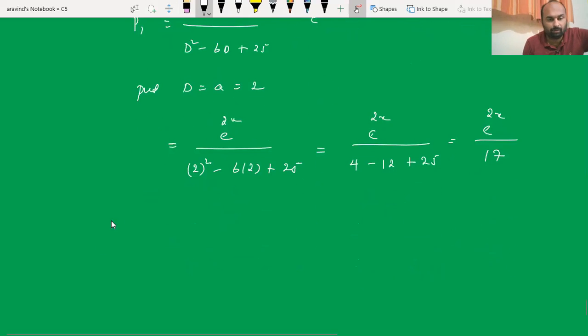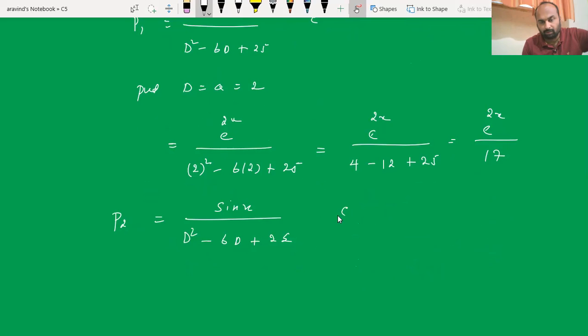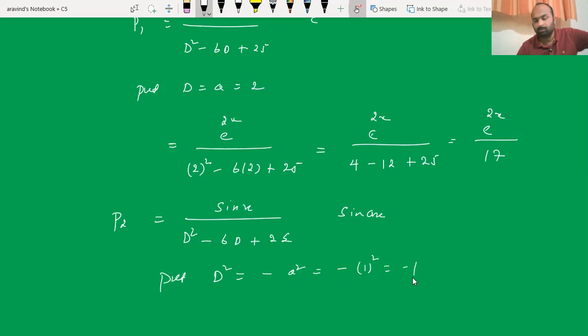Now P2 is given by sin x divided by d square minus 6d plus 25. So it is nothing but sin ax. Now put d square equal to minus a square. Here a is 1, so minus 1. Substitute it.